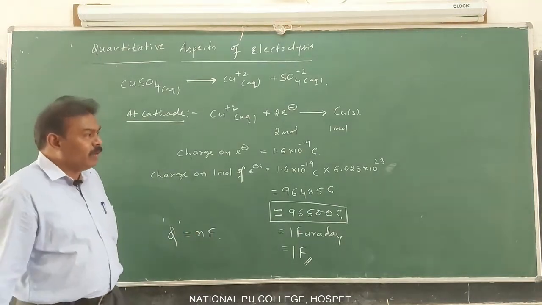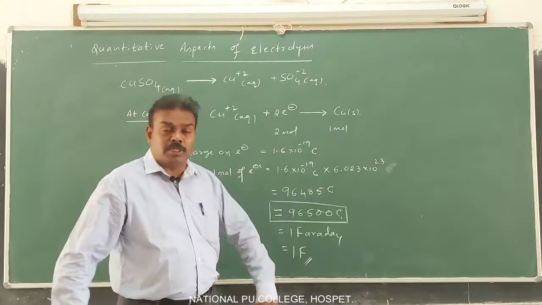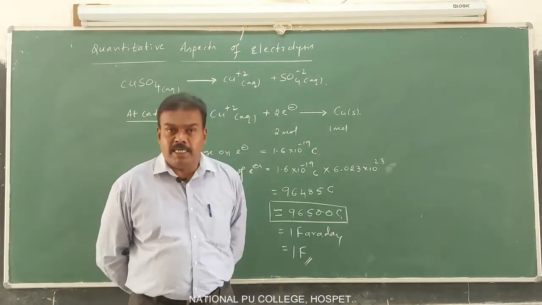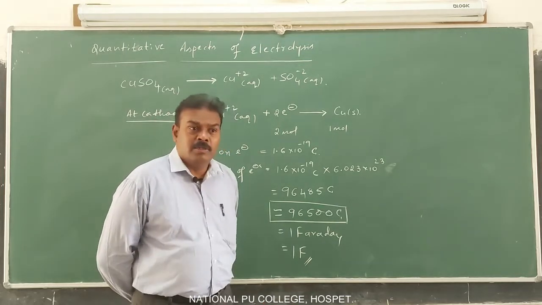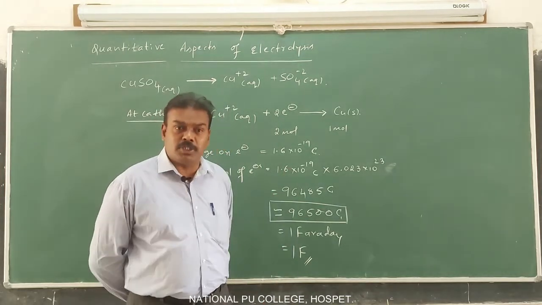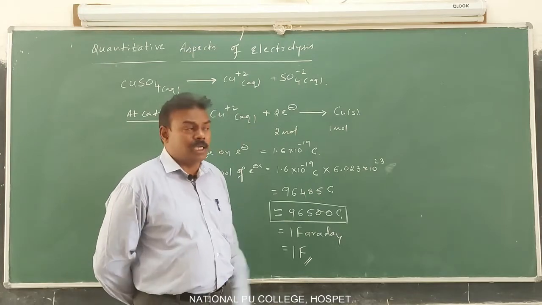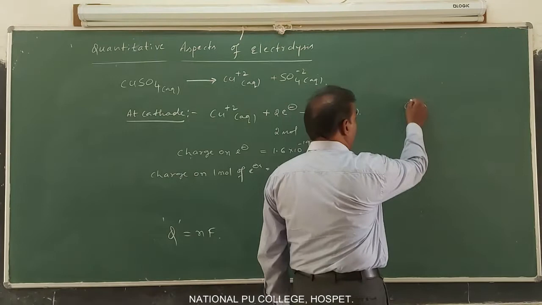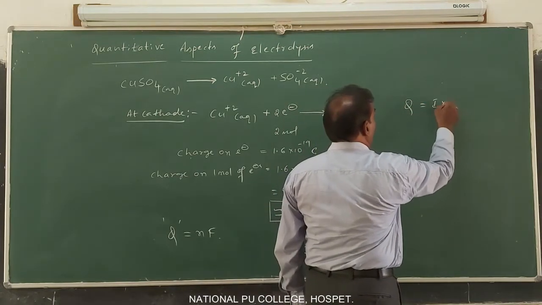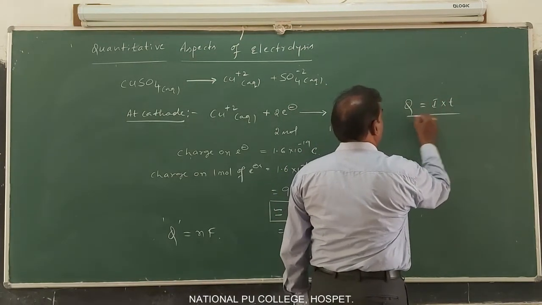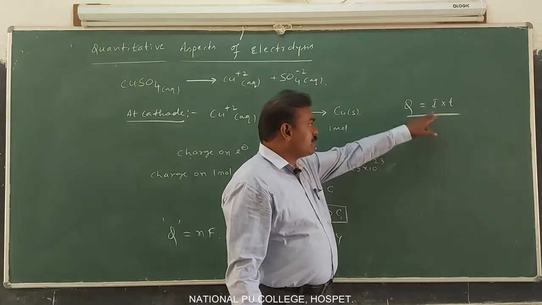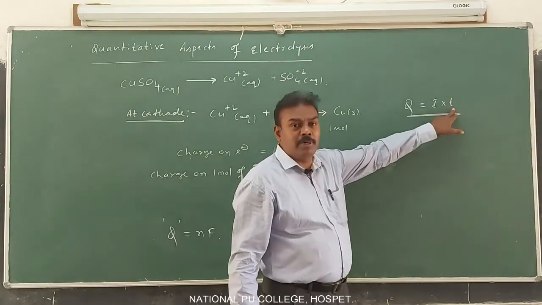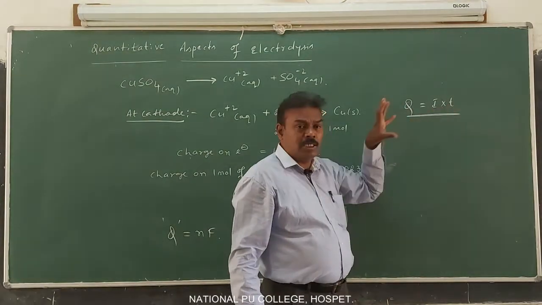Even here, one more concept is there. The quantity of electricity is also calculated by means of the current strength and the time taken. That is also one of the relations for the quantity of electricity: Q is equal to I into t. I is the current strength, and t is the time taken during that process.